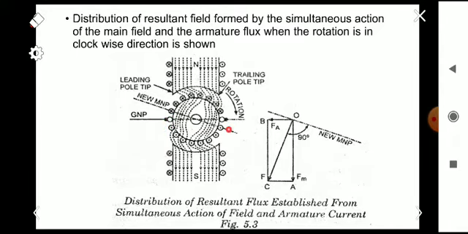So what happens is the coils being short circuited by the brushes would be cutting flux.